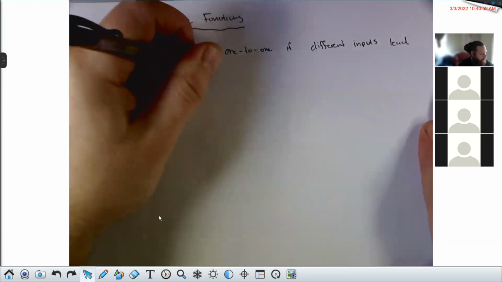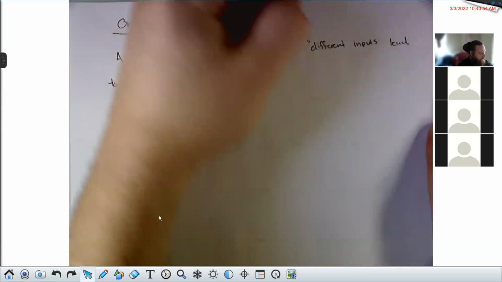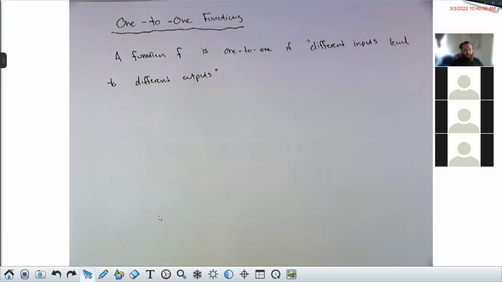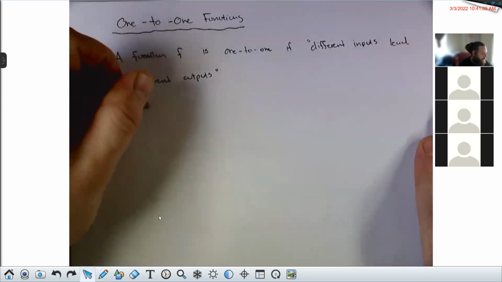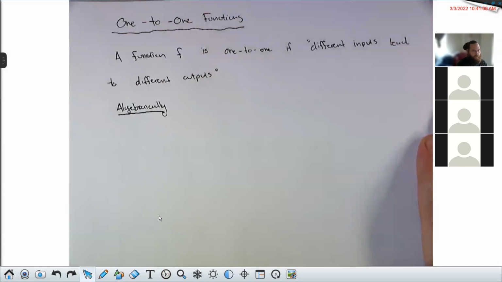There can be a lot of word salad here, and I think this is the way to say it that makes the most sense. Algebraically, we could say this a few different ways.